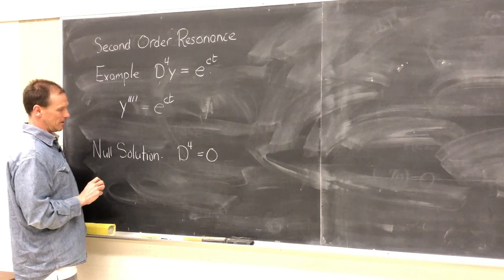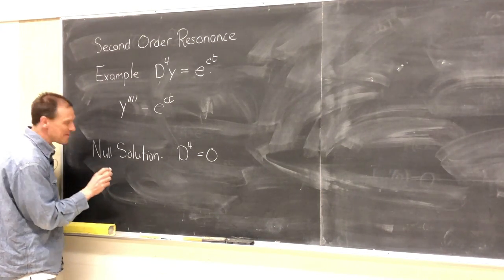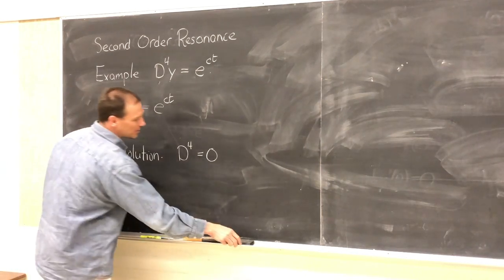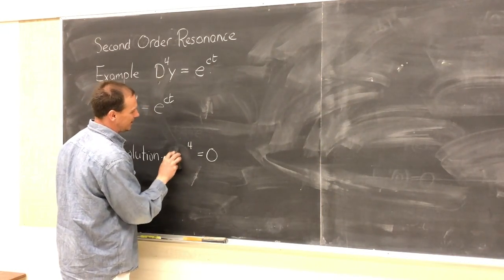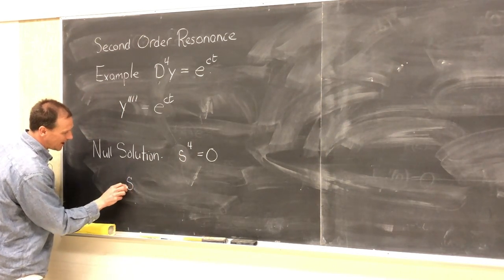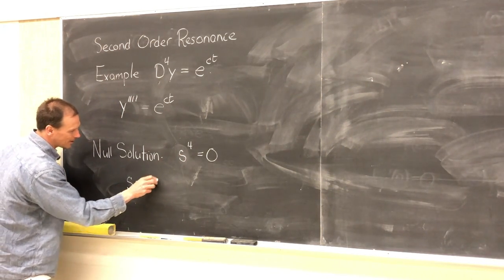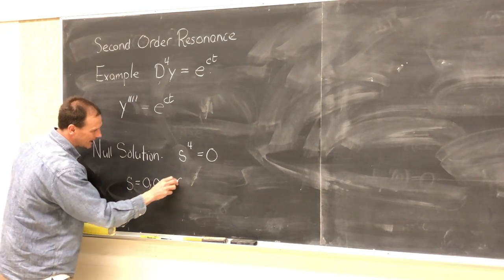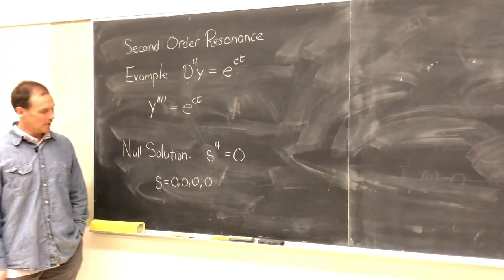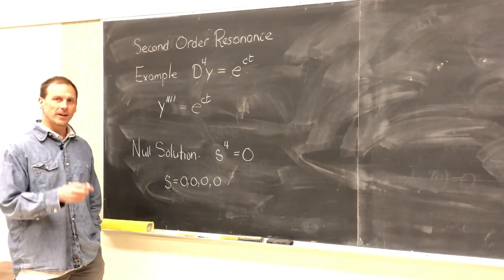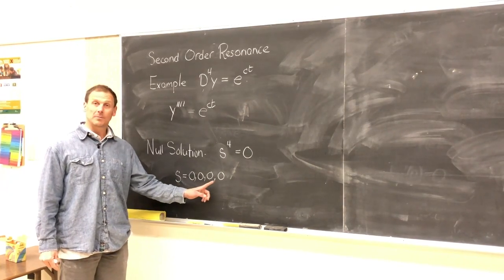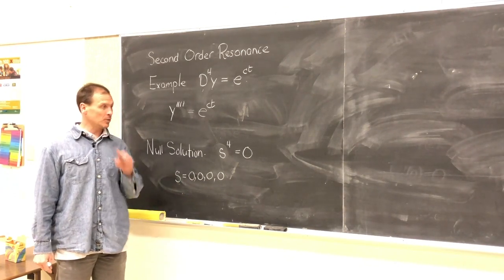I'm sorry, you normally would use an s. Let's put an s in there. S to the fourth is 0, so s is 0, 0, 0, 0. There's 4 zeros from that problem. But we've learned now that when we have repeated roots, then we use a multiple of t.